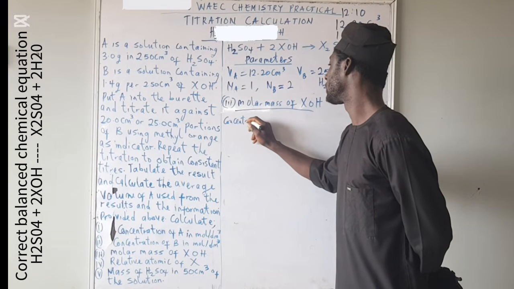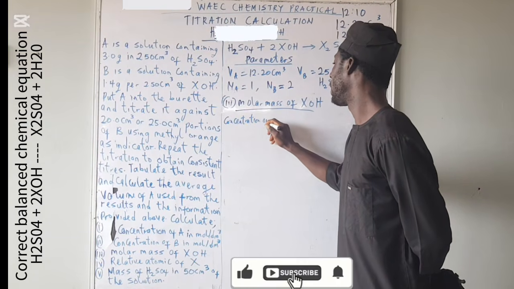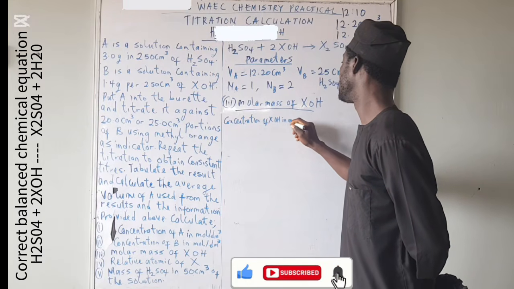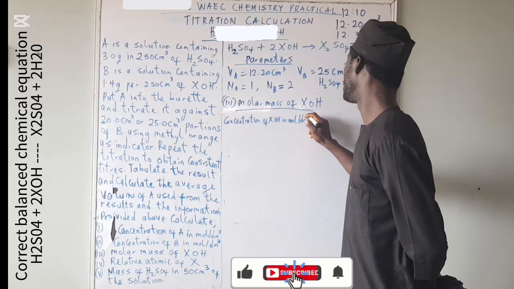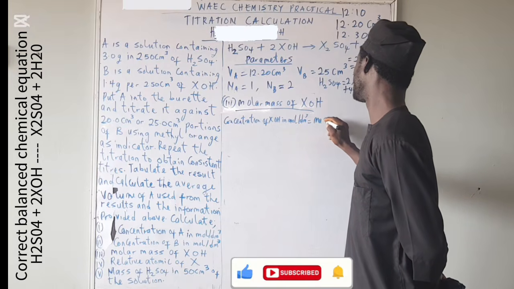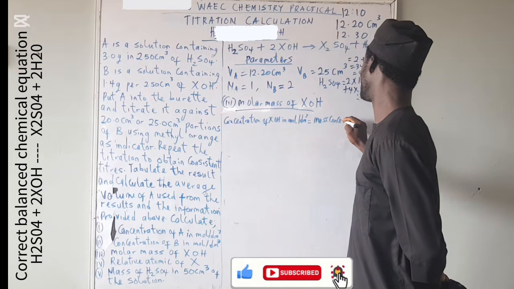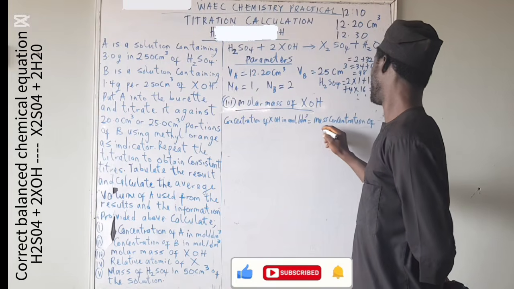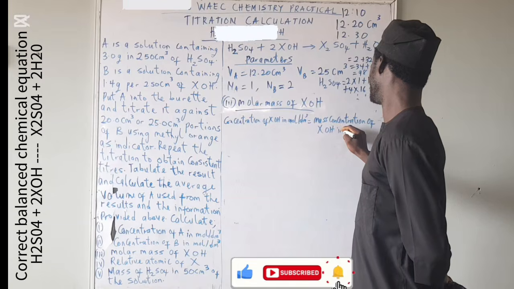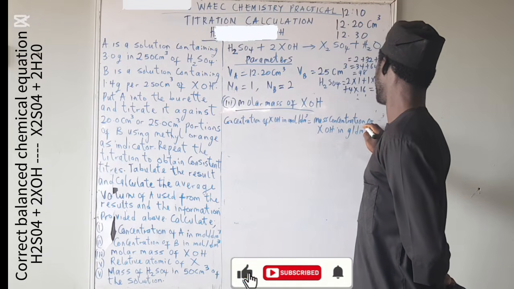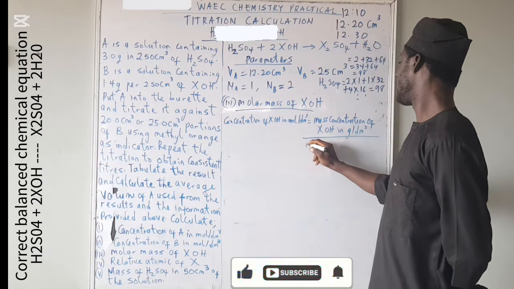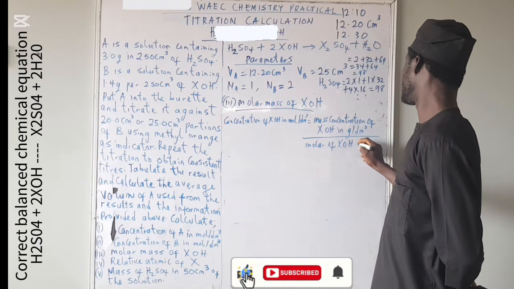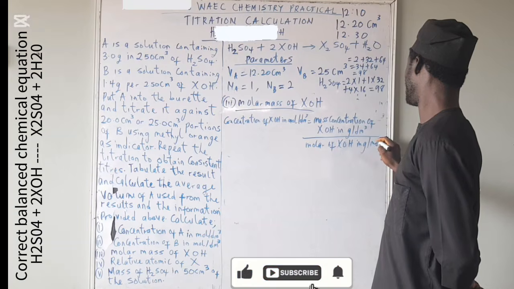concentration of XOH in mole per dm cube is equal to mass concentration of XOH in gram per dm cube over molar mass of XOH in gram per mole.